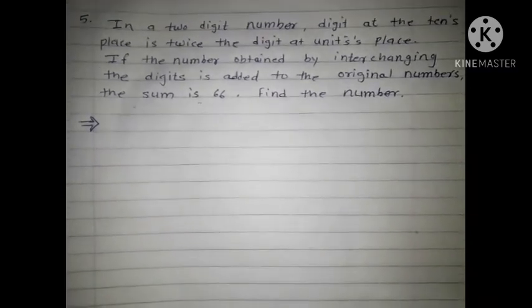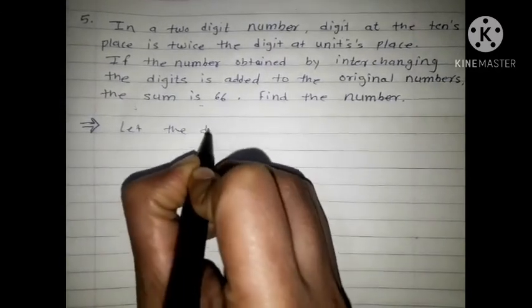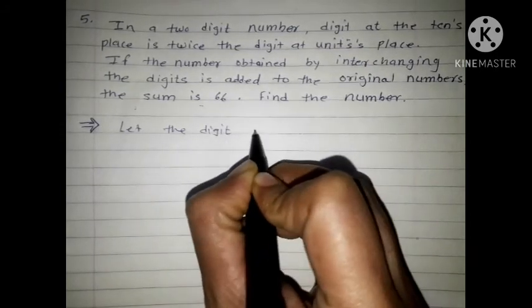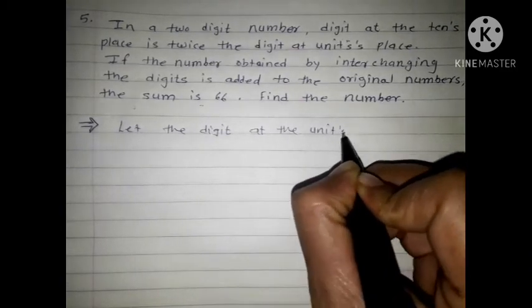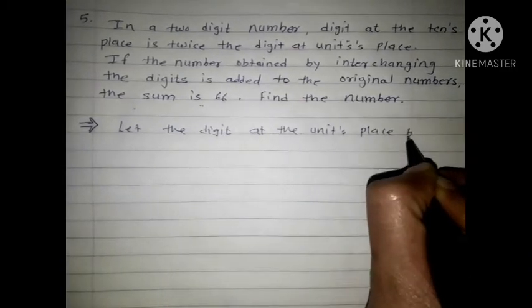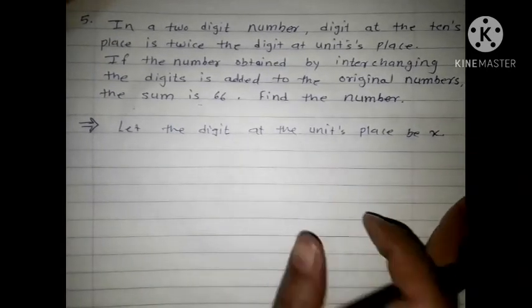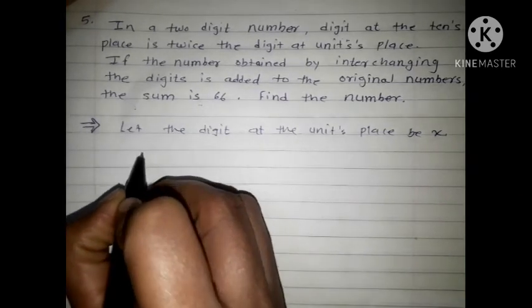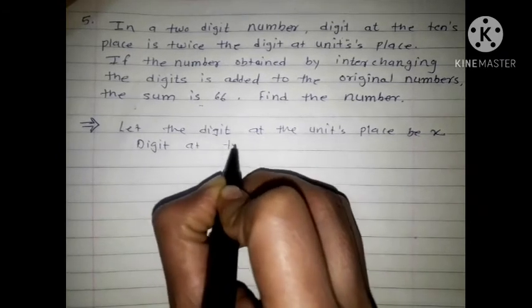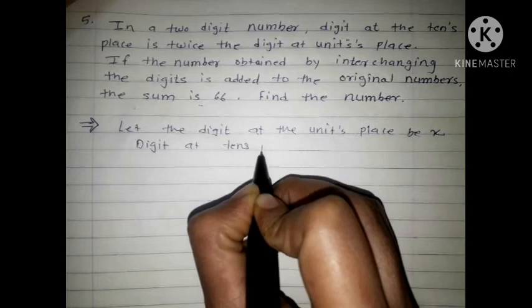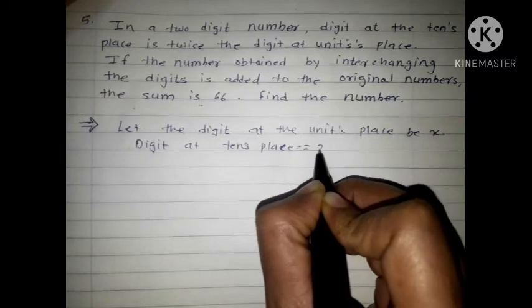Now let the digit at the units place be x. The number at the unit place will be x. Therefore the digit at the tens place is equal to 2x.